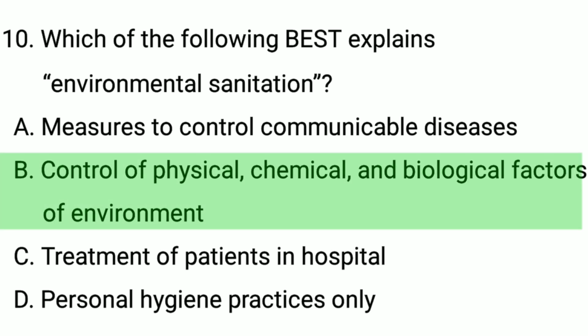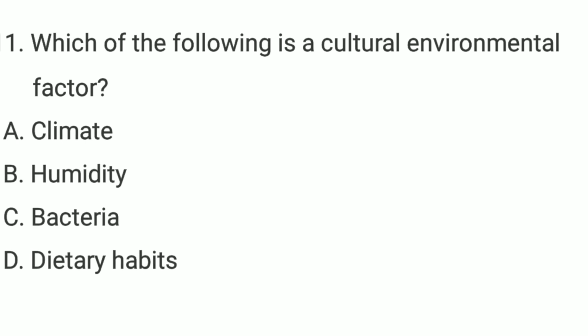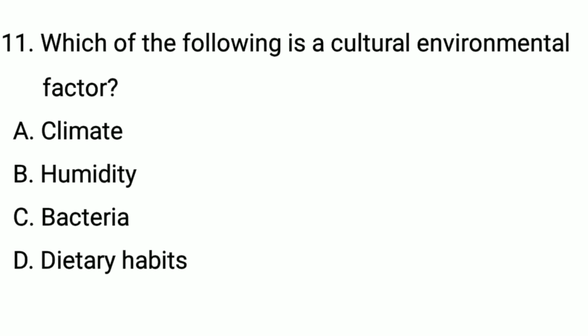The right option is option B, control of physical, chemical and biological factors of environment. Question number 11. Which of the following is a cultural environmental factor? The right option is option D, dietary habits.